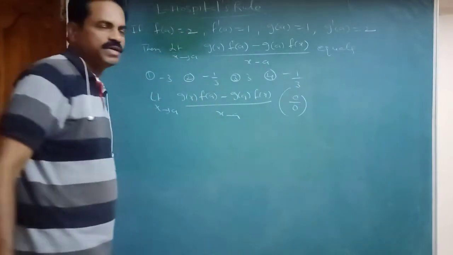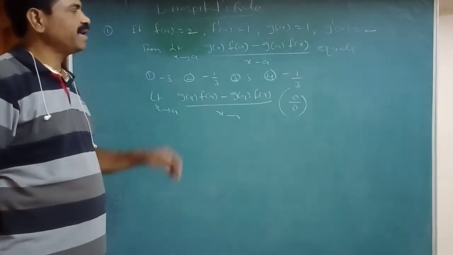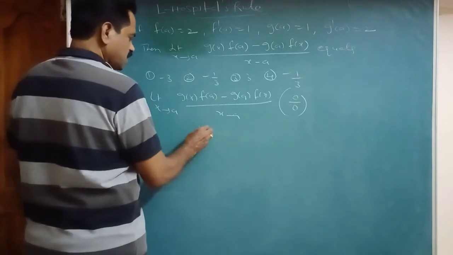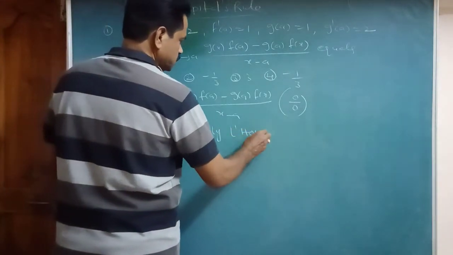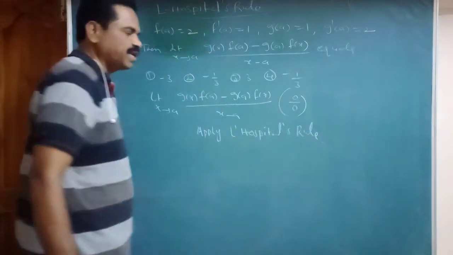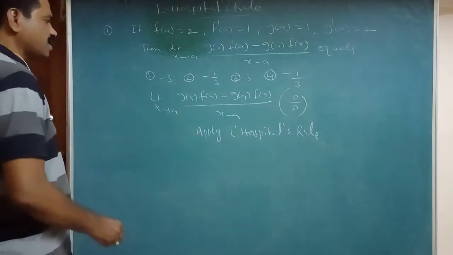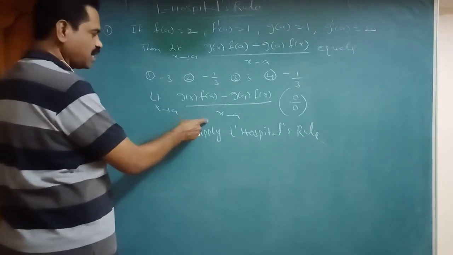When it is 0 by 0 or infinity by infinity, which rule do we adopt here? L'Hospital rule. Apply L'Hospital's rule, means derivative of the numerator and derivative of the denominator. So that is d by dx of numerator, d by dx of denominator.